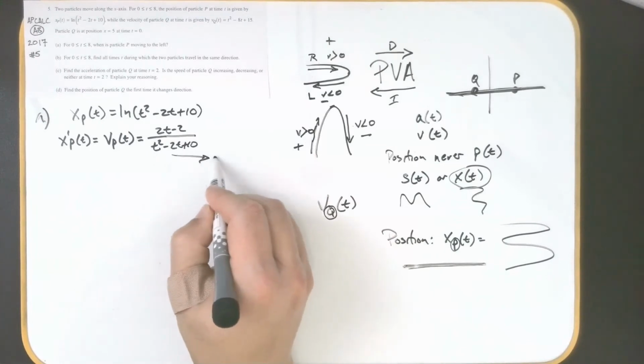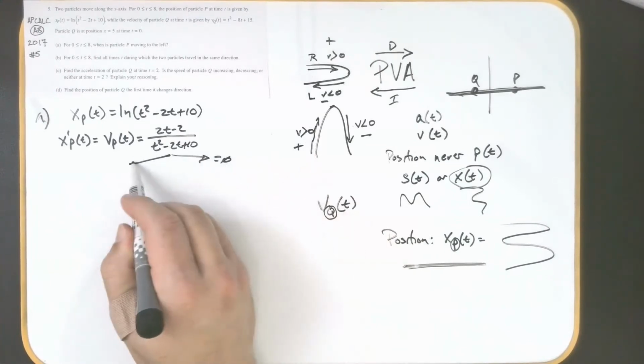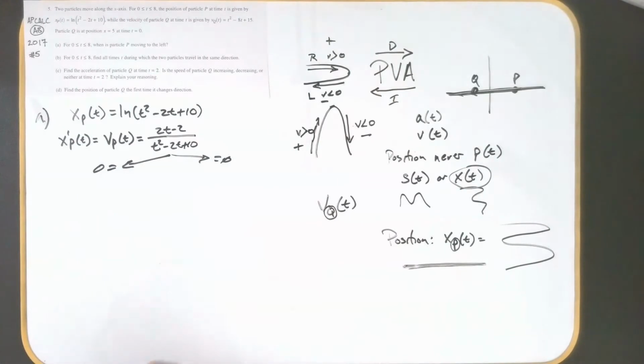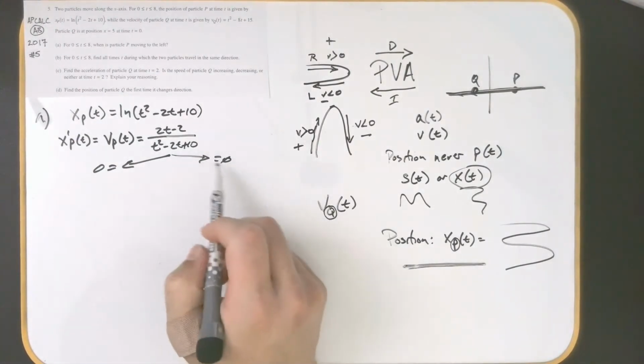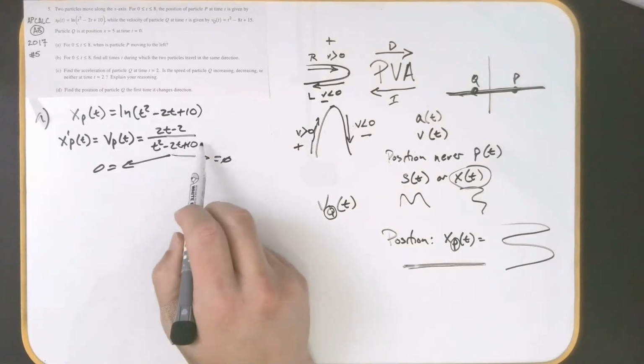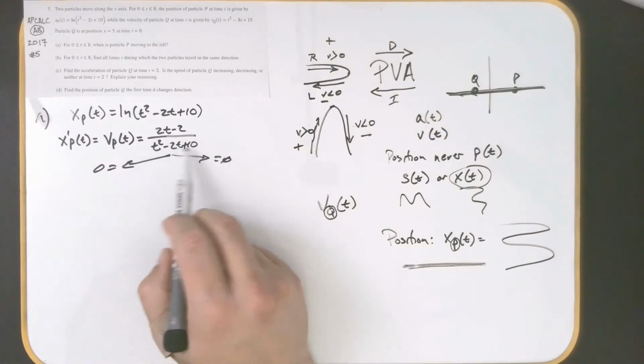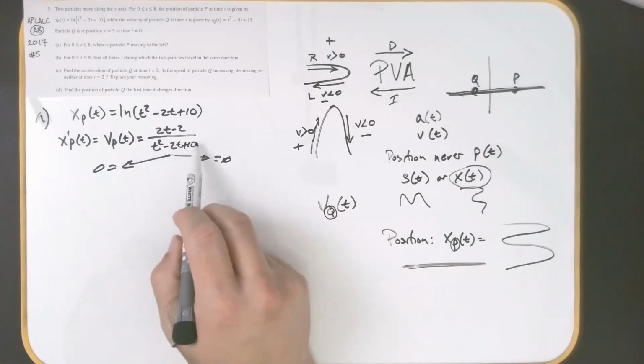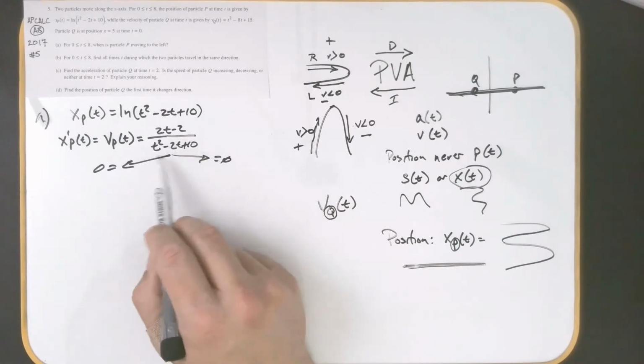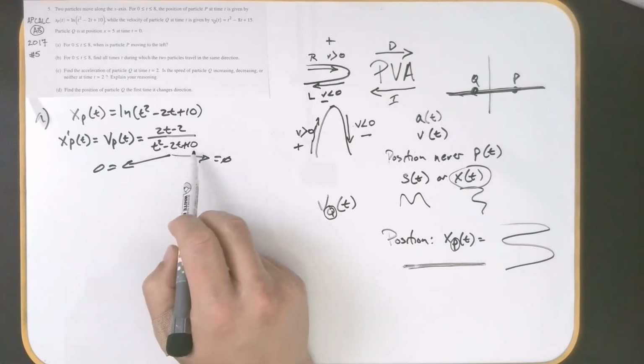So I have to say, all right, when is that thing undefined? When does that thing equal 0? Okay. All right, so let's see, when is that undefined? Well, it's undefined when the bottom is equal to 0. Well, if you play around with this a little bit, you'll notice it looks like maybe it factors, but then it doesn't. It's got a plus 10 here, and you pretty quickly determine that this doesn't factor.